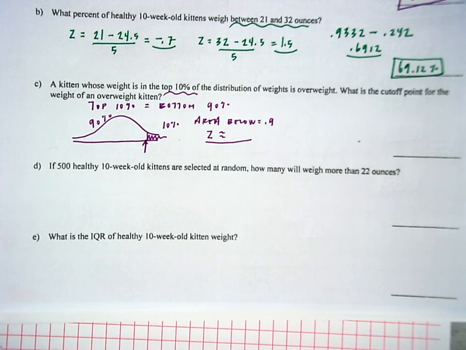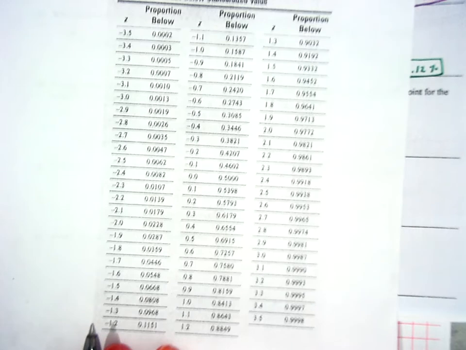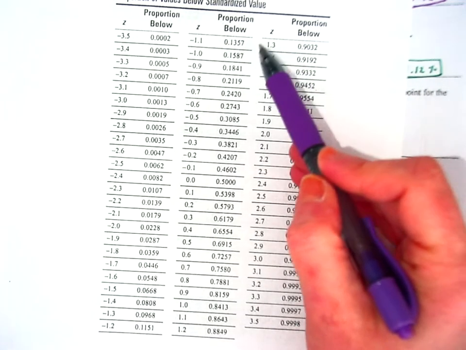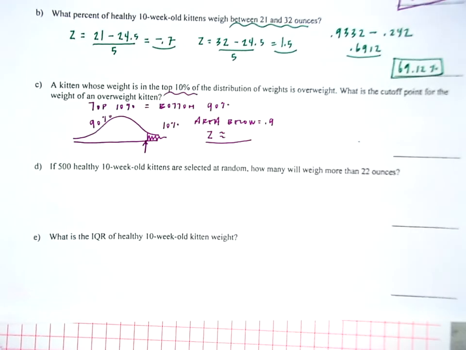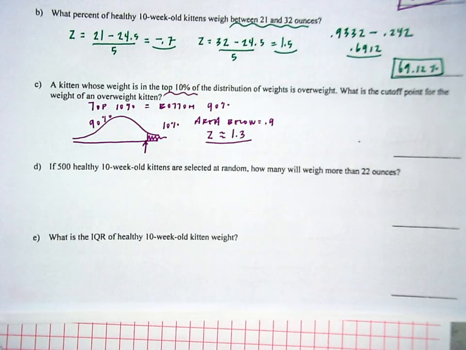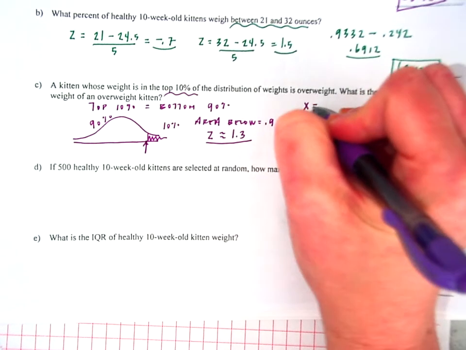So if I try to look up the area of 0.9 on my z-score chart, let me pull it up so you can actually see it. Right here, I can see that the z-score would be about 1.3. Then I'm looking for the cutoff point for the weight of an overweight kitten, so I'm solving for x, the observation.